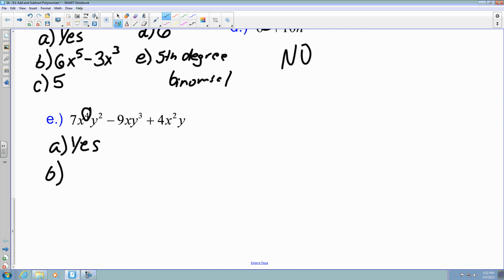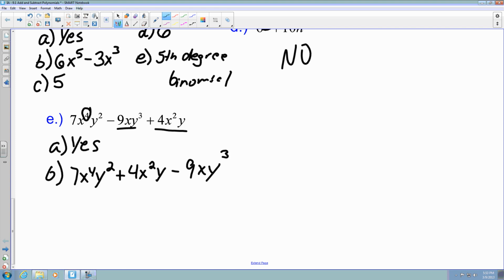So that's the one that I'm going to write in first, so that's going to be 7x to the 4th y to the 2nd. Then I see that this term here has x to the 2nd, while this one here just has x to the 1st power. So I'm going to write 4x squared y before I write in my minus 9xy cubed.